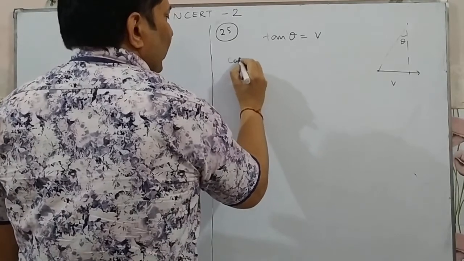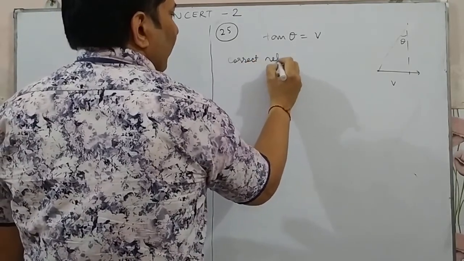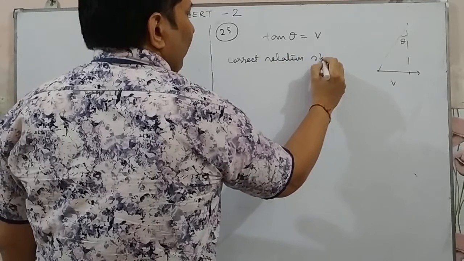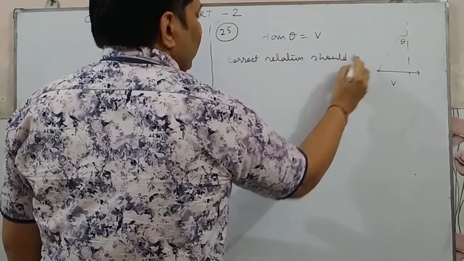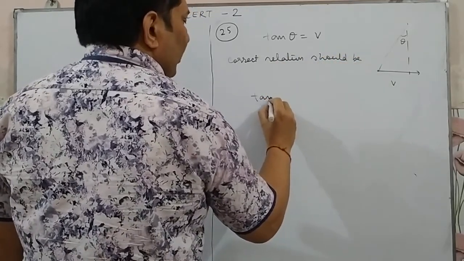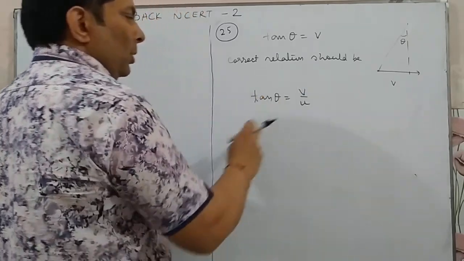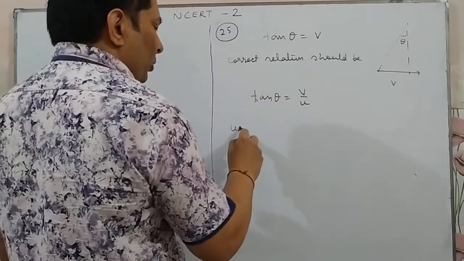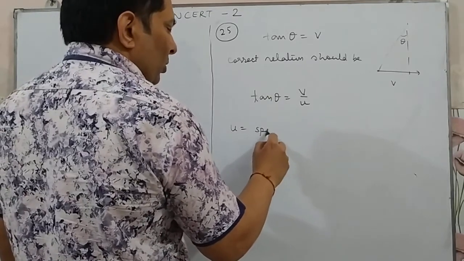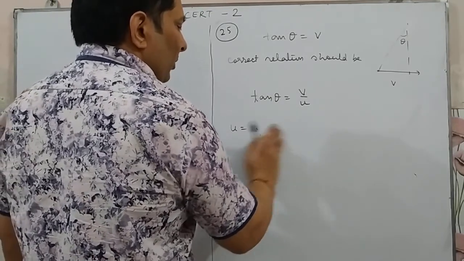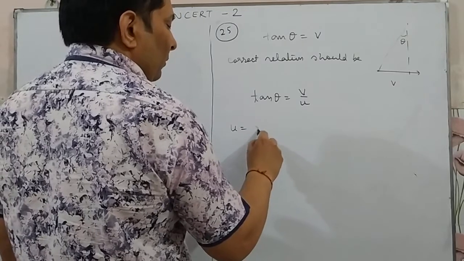So the correct relation should be tan theta equals v upon u. Now u we have introduced. What is u? U is the speed of, sorry, it should be velocity. It should be the velocity of rain.